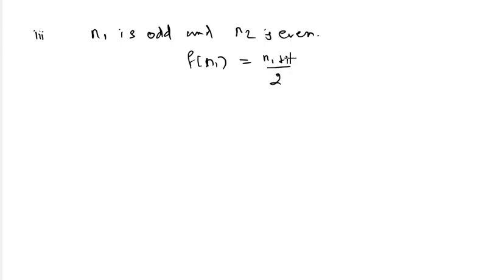Odd number plus 1 is an even number, by 2: 2 by 2 is 1, 4 by 2 is 2, 6 by 2 is 3. So these are natural numbers.